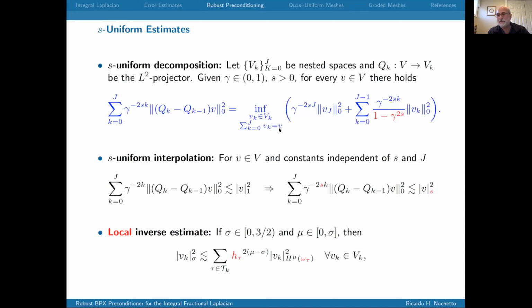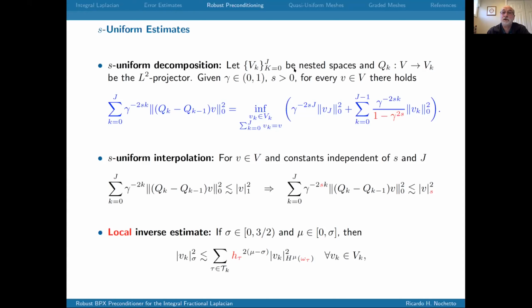So if we want something uniform in S, the same algorithm that will work for every S, including the endpoints, it doesn't seem obvious that the usual preconditioner, BPX, will work. Our key result is this one that I call S uniform decomposition, that tells you that if you have nested spaces, it doesn't matter how they are, they can be uniform, they can correspond to refined meshes, it doesn't matter.